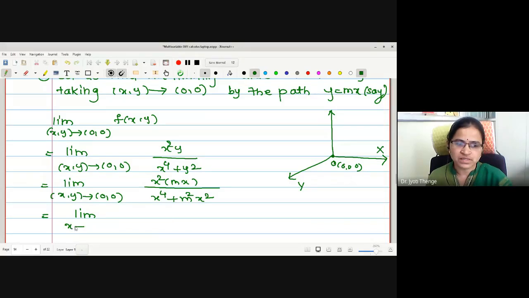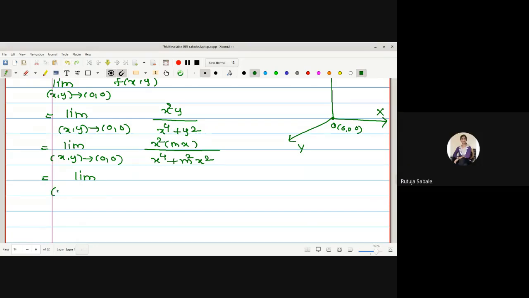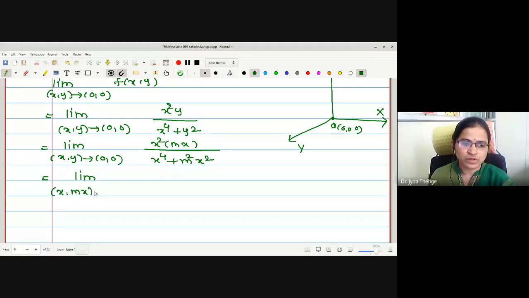Now one can write this as (x, y). If x tends to 0, what about mx? It will also tend to 0, ma'am. Yes, it will also tend to 0. Therefore, let us just substitute the value of x as 0 and find out whether the limit exists.